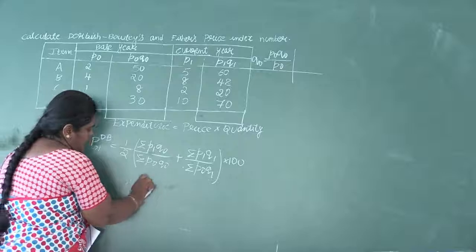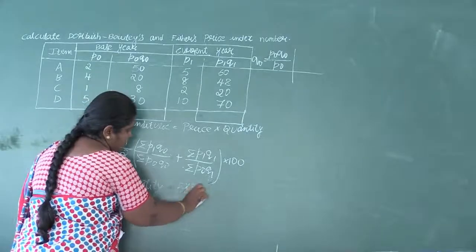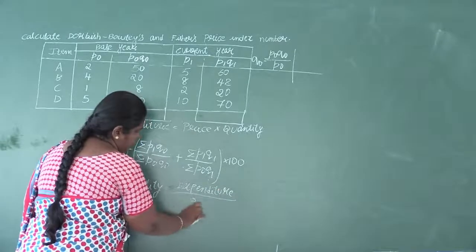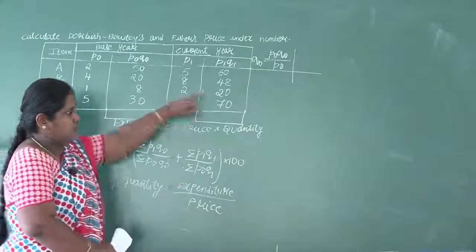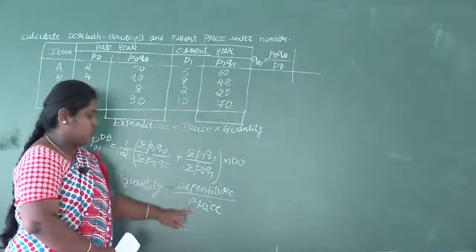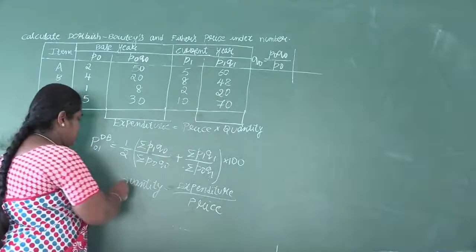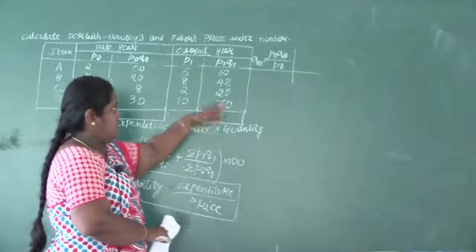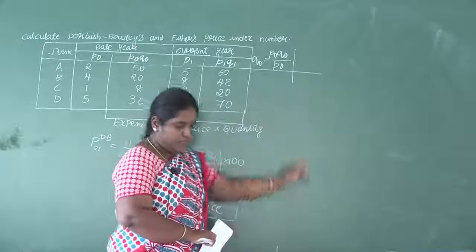Quantity equals expenditure divided by price. The expenditure of the base year is P0 Q0 and the price of the base year is P0. So either you can write this formula or mention it like this: Q0 equals P0 Q0 divided by P0.